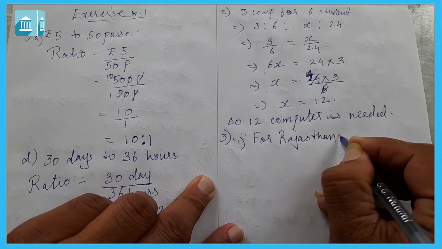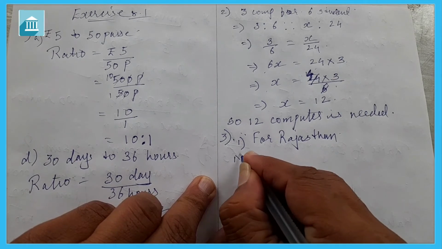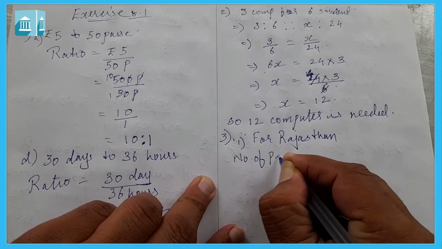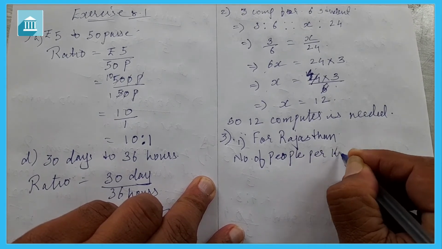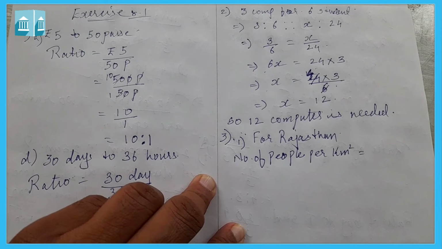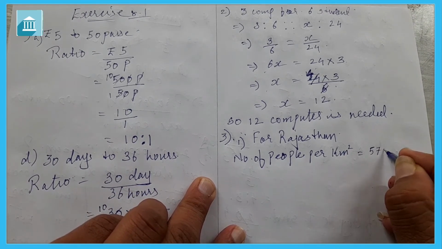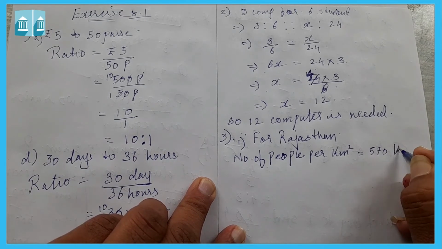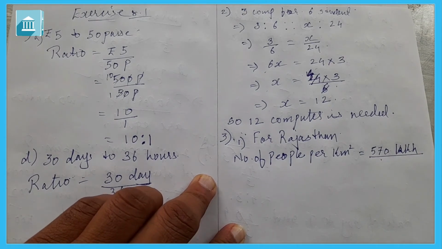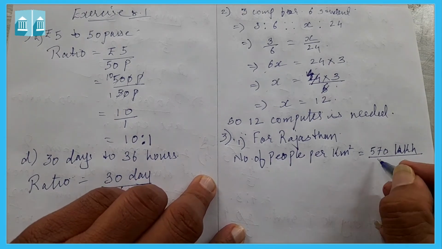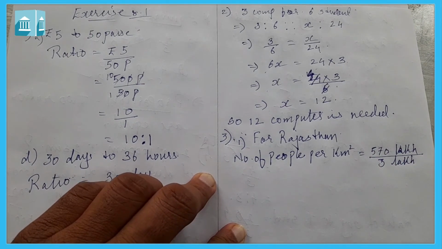For Rajasthan, we can say that the number of people per kilometer square is equal to 570 lakh upon the area of Rajasthan, which is 3 lakh kilometer square.